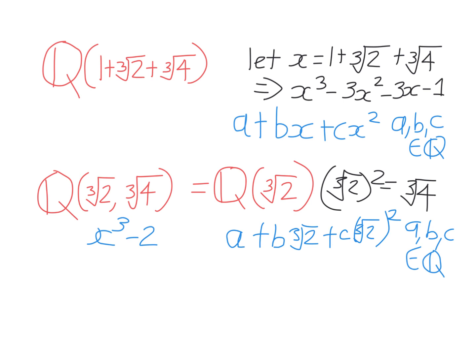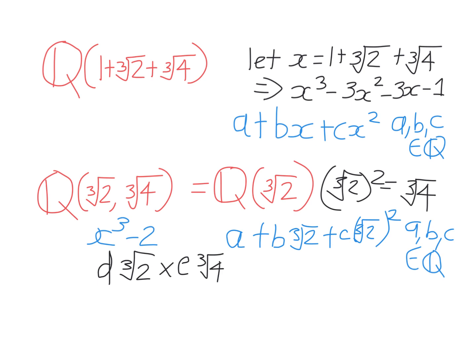Because this field is all elements of this form, it will include any rational times this, any rational times this. Now, when you're including these, you also have to include their product. So because a field is closed under multiplication, I would have to also include any element of the form d cube root of 2 times e cube root of 4.